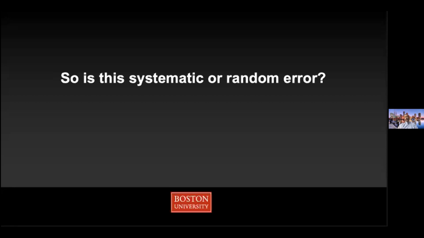To my mind, when I always thought about this, that would be systematic error, because even though I'm dealing with a probabilistic process, it deals with the systematic error, which is the misclassification. So I would lump that under systematic error. But it does beg the question of what is systematic and what is random error. And so we'll think about that as we move into thinking about probabilistic bias analysis.